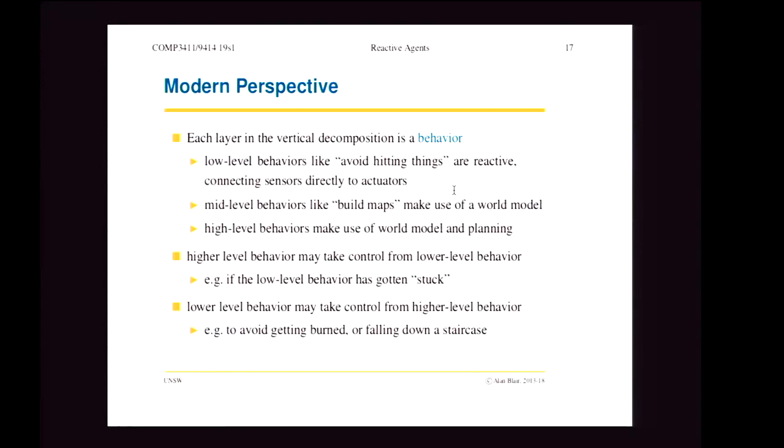That has to happen really quickly, otherwise you'll fall down the staircase. It's the same with a human: if you touch a hot stove, you pull your hand away before the signal even gets to your brain. It may get to the brain stem or possibly even just the shoulder, and instinctively you pull it away. So you need these low-level behaviors that can take over very quickly and are totally reactive.